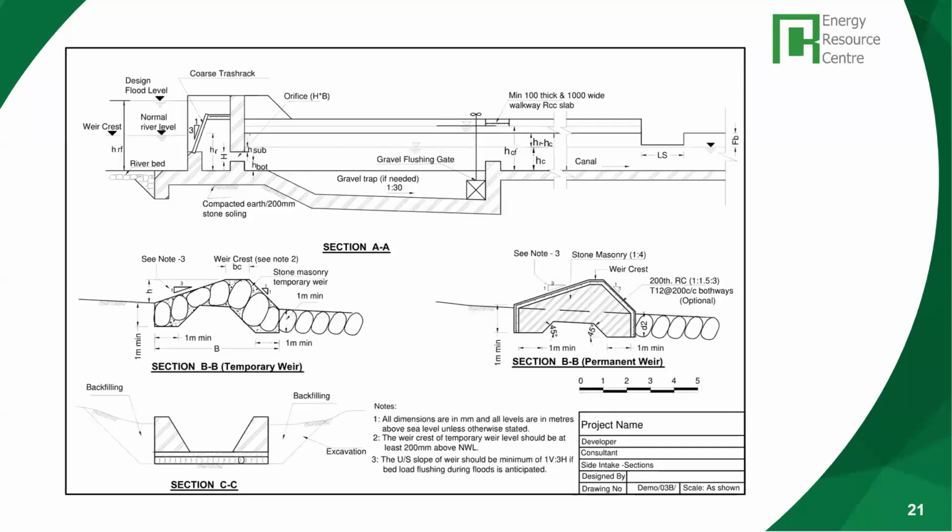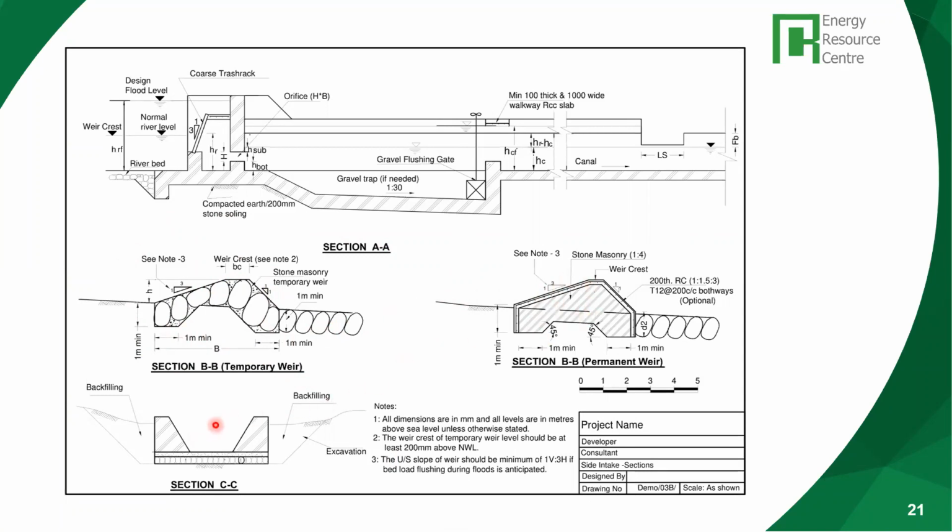So you can also calculate the length of the canal and the length of the pipe based on a drawing like this. Similarly, you want to calculate the quantity of material in the weir. For example, you have a temporary weir here, so you have to calculate the volume of stone masonry. You get the dimensions, the area and the length, then calculate the volume from these drawings. Similarly, this is for the permanent weir.